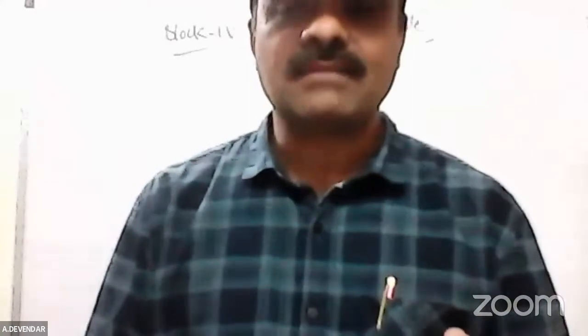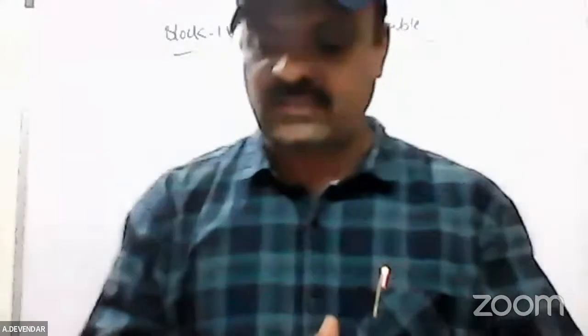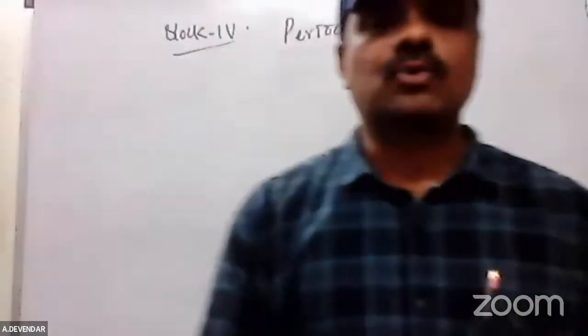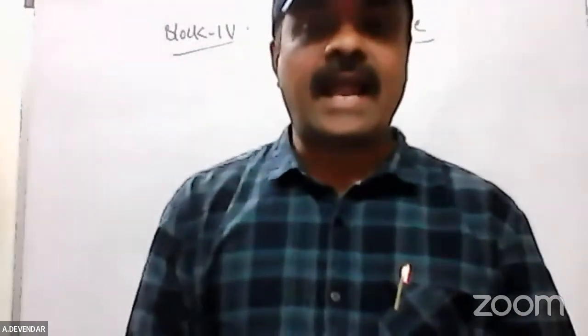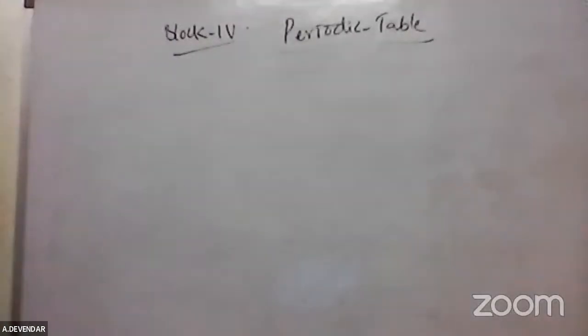Groups are the vertical columns, and horizontal rows are called periods. So the modern periodic table is classified into groups and periods: 18 groups and 7 periods. I will show that periodic table.